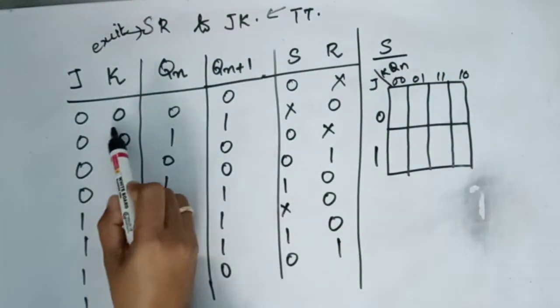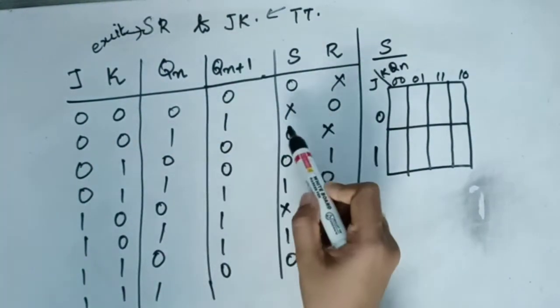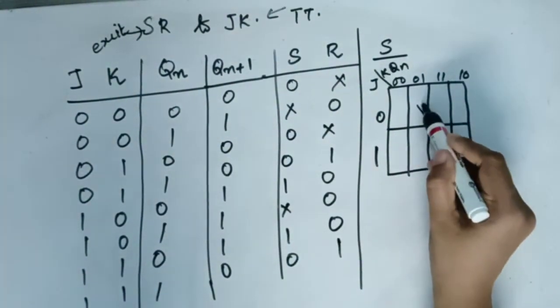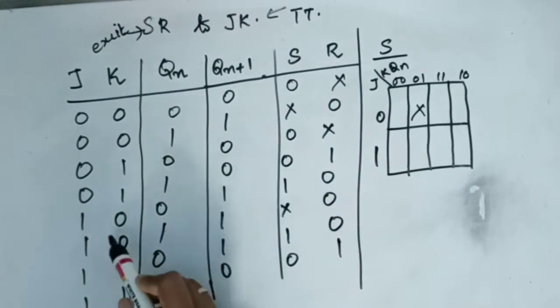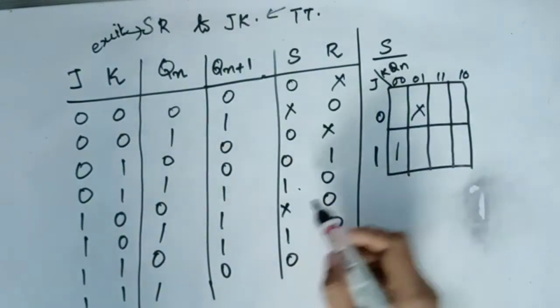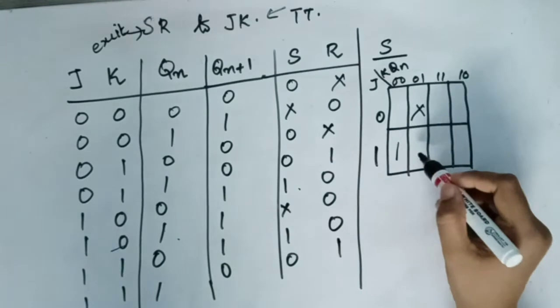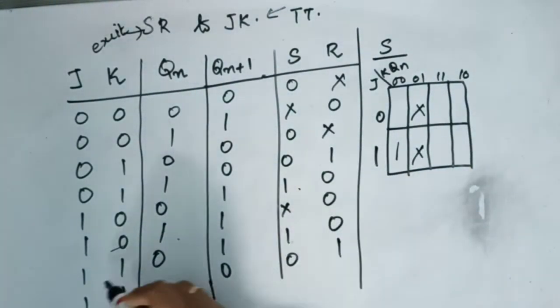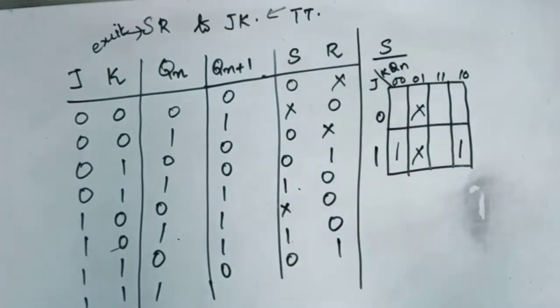So 0, 0, 0 is 0. 0, 0, 1 is don't care. 0, 1, 0 is 0, 0, 1, 1 is 0, 1, 0, 0 is 1. 1, 0, 0 is 1. Here 1, 0, 1 is don't care. 1, 1, 0 is 1. 1, 1, 1 is 0.